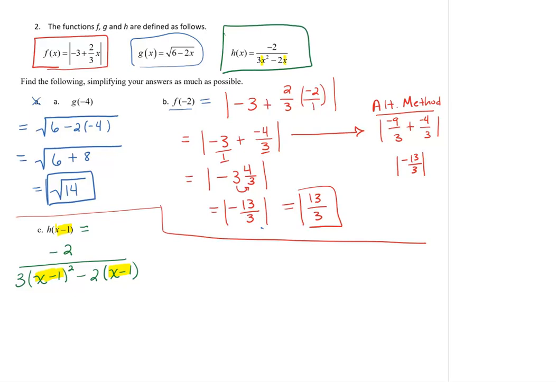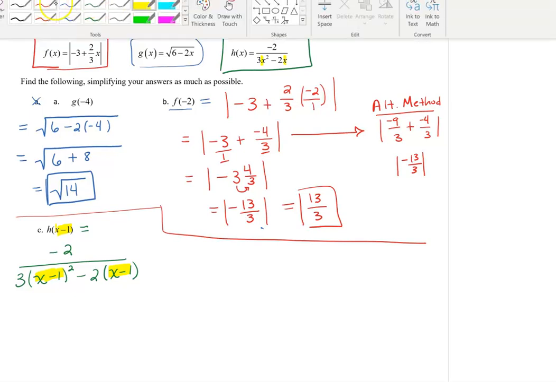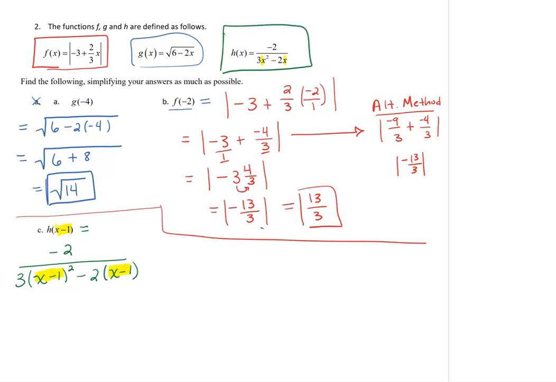All right, so this is going to take some algebraic work. Again, we're going to square a binomial. So we're going to have -2. The top is going to stay the same. Remember that we have to do this part before we can multiply by 3. So I'm going to bring the 3 down, and x minus 1 times x minus 1 is going to give me x squared.